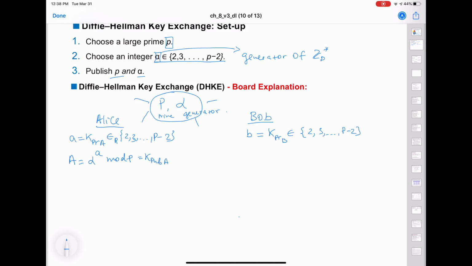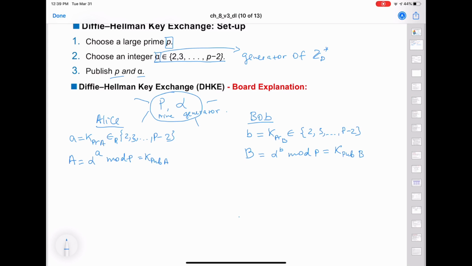Similarly, Bob will compute capital B. Notice that small a is the private key and big A is the public key. Make sure that you understand that. Capital B is alpha to the power of b modulo p, the public key of Bob.